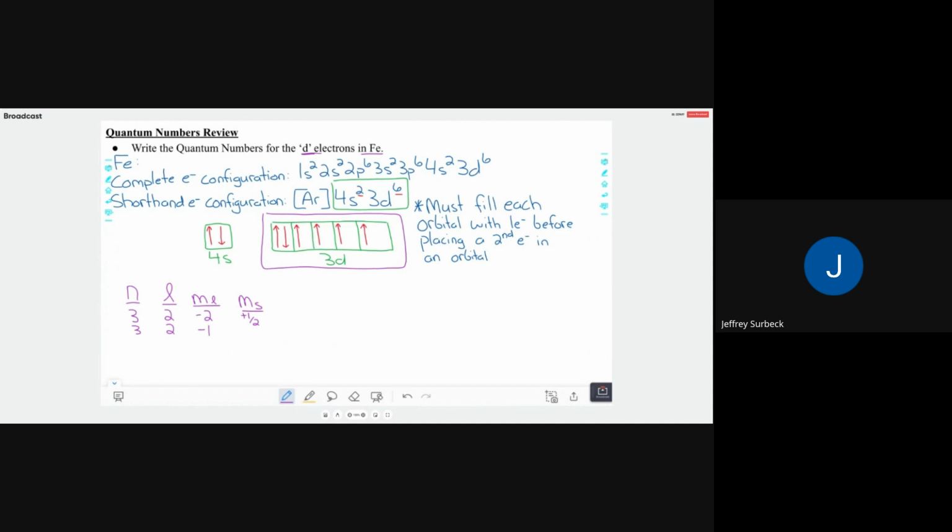It's still an up arrow, so we'd have a plus half. Next arrow, right in the middle, up arrow still. It's still in the third energy level, still in the D sublevel, so it still gets a 2, but it's in the middle box. So our M sub L is a 0. It's an up arrow, so still plus half.